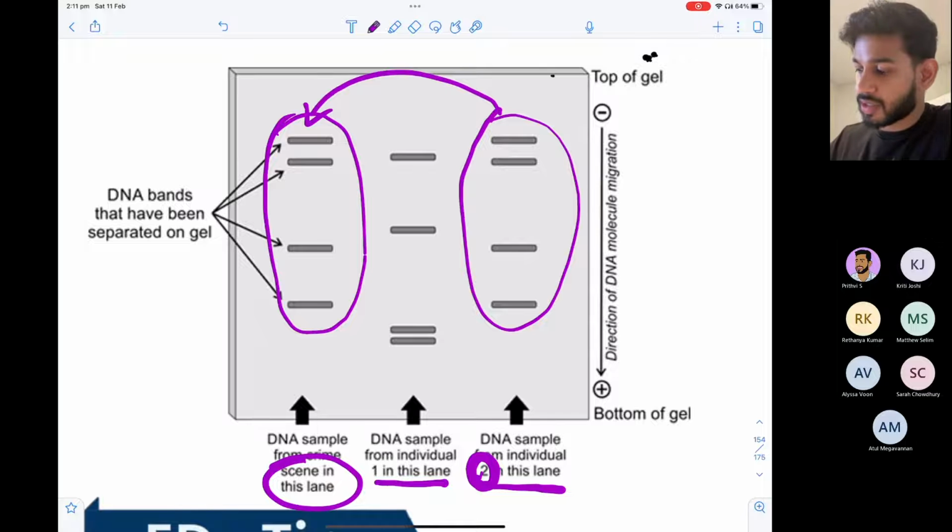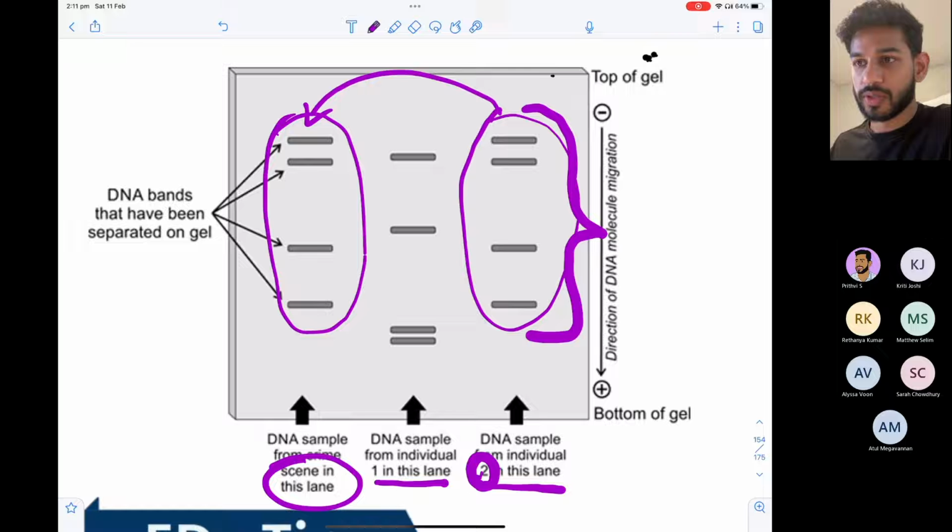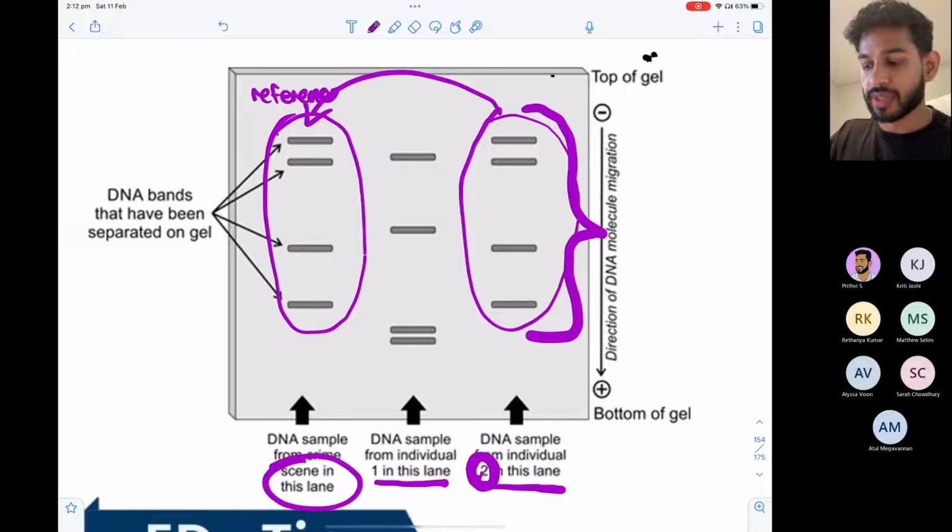But Matthew, if I ask you, what's this DNA sequence for individual 2? Can you tell me the exact order of letters from this image here? No. No, so you can't tell me the DNA sequence. That is what DNA sequencing does. DNA profiling simply amplifies DNA and then separates fragments based on size and compares it with certain reference wells, such as this one, to identify variation or genotype.